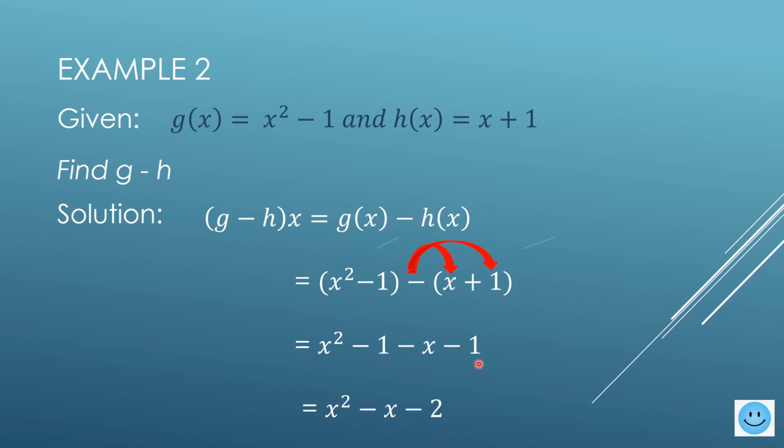So this is it: x squared minus x. Copy, copy, and then combine. Like signs, add. So negative 1 plus negative 1 is equal to negative 2. So our final answer is x squared minus x minus 2.